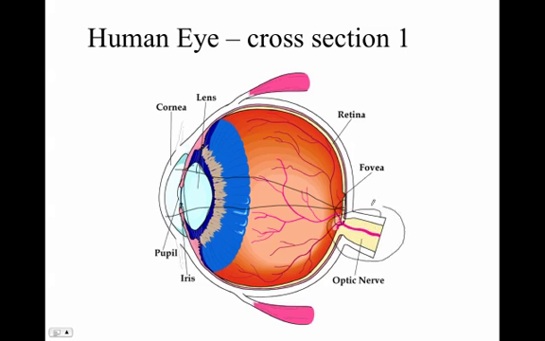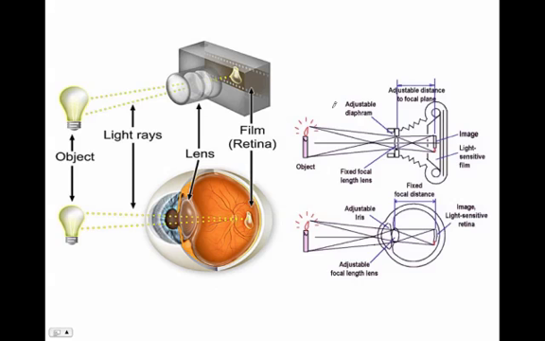We have at the back of the eye an optic nerve, which converts images to a nerve impulse to our brain. And then this yellow part is the retina, which has rods and cones to help focus color and black and white.